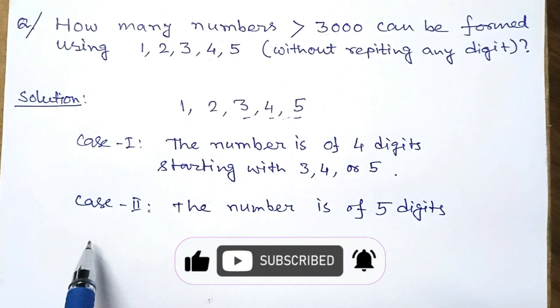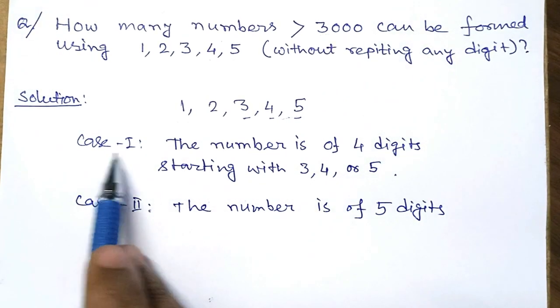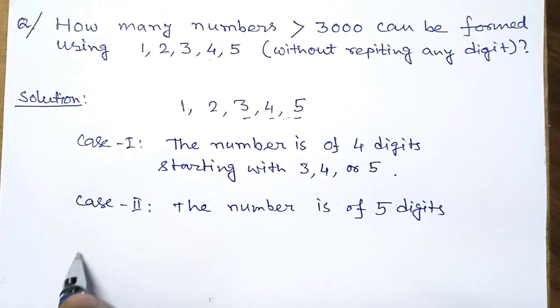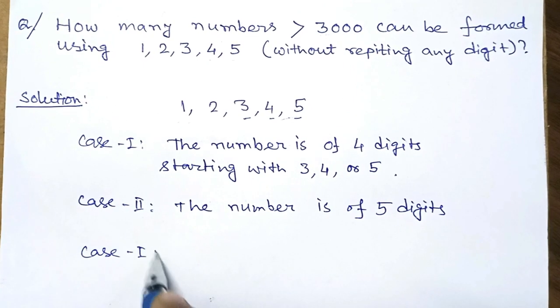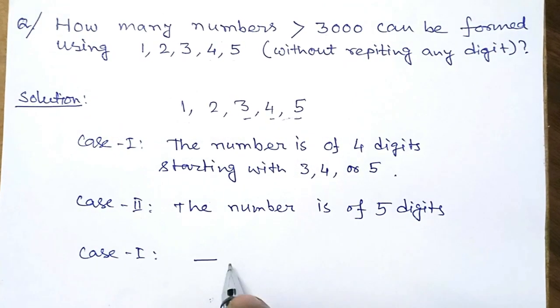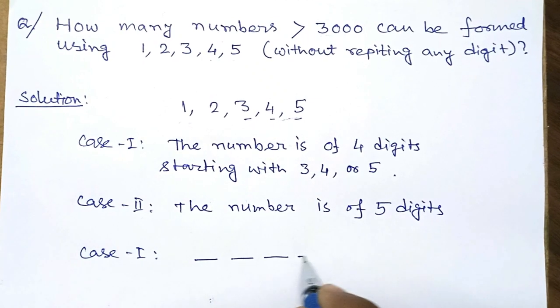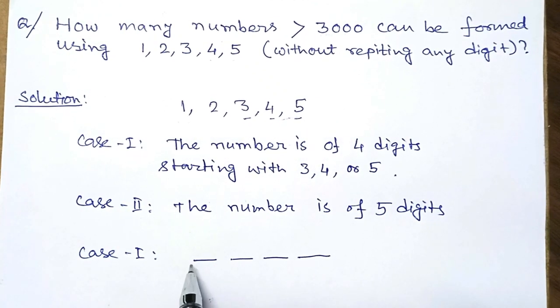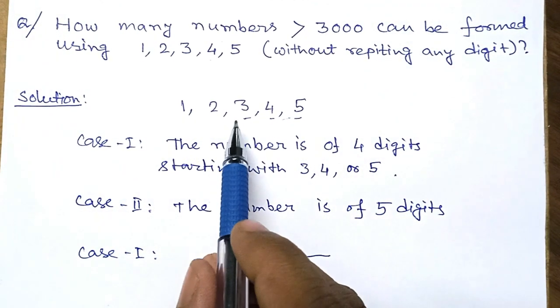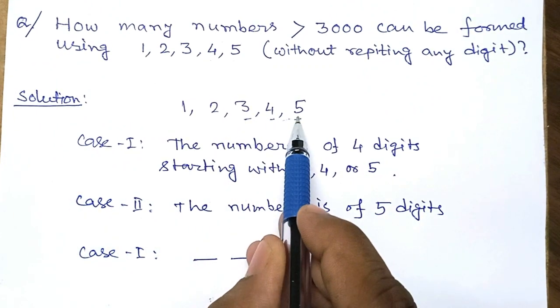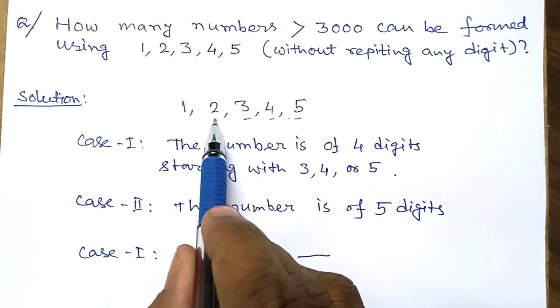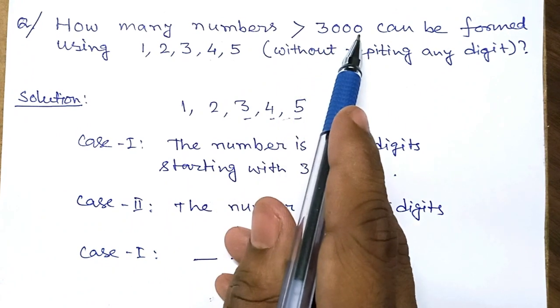Now you will see how many numbers we can form with case 1. We have 4 digits in each number, and the first digit should be 3, 4 or 5. If it starts with 1 or 2, then it is not greater than 3000.